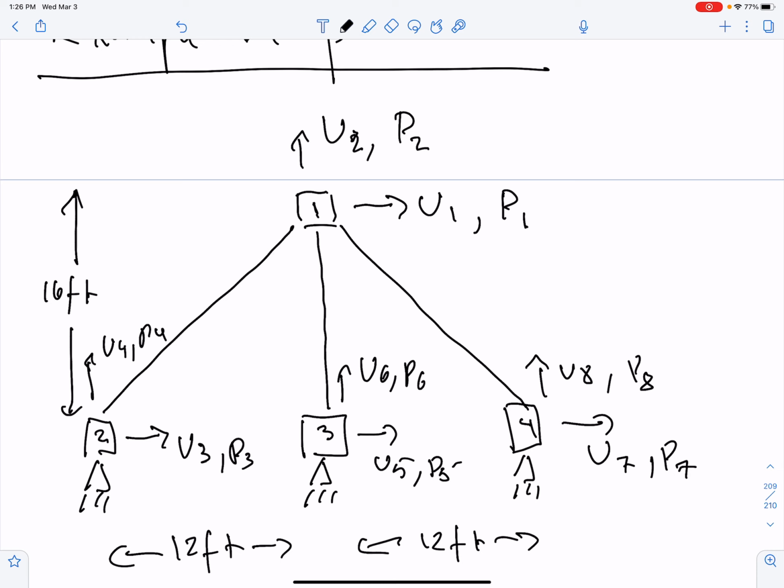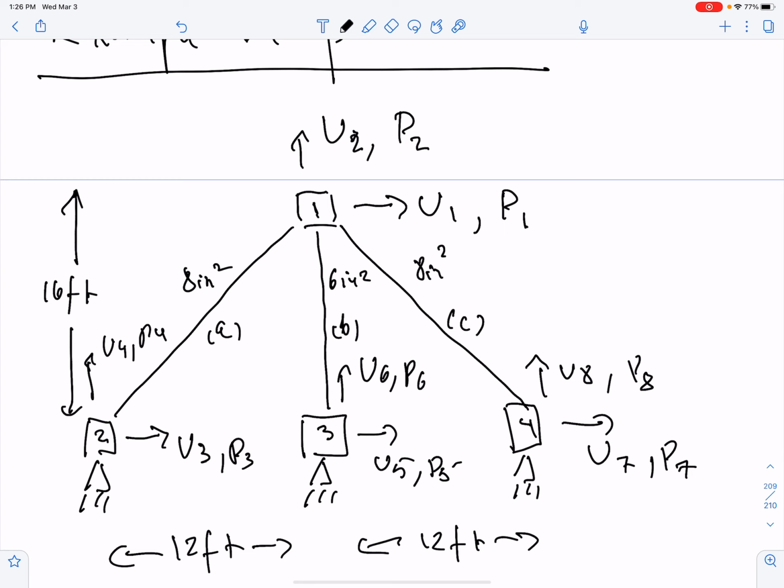So let's give the problem some additional dimensions. Let's assume that this is our element A, and its cross-sectional area is going to be 8 inches squared. This is element B. Let's assume its cross-sectional area is 6 inches squared. And this becomes element C, also with a cross-sectional area of 8 inches squared. So it looks like a nice symmetric structure.